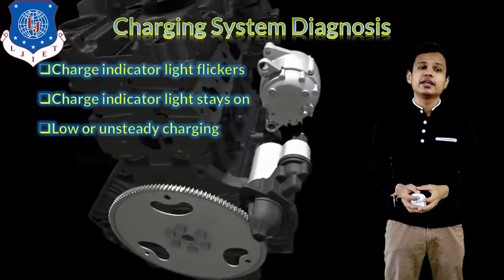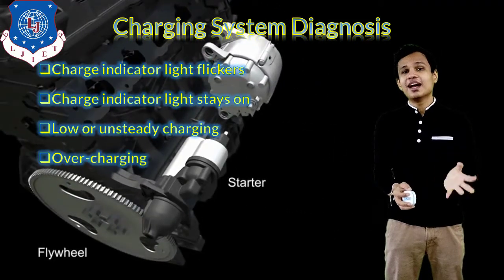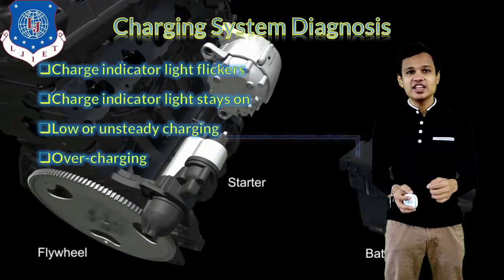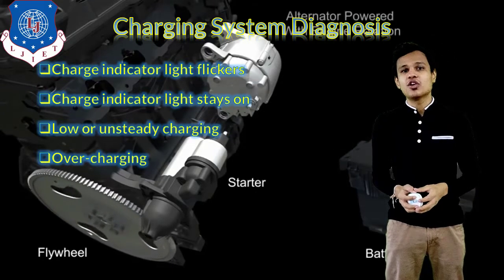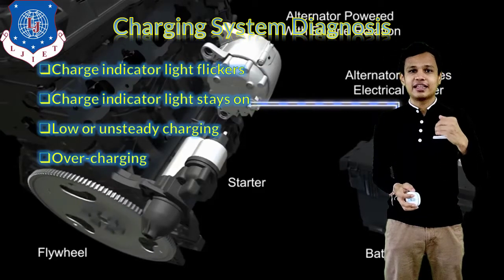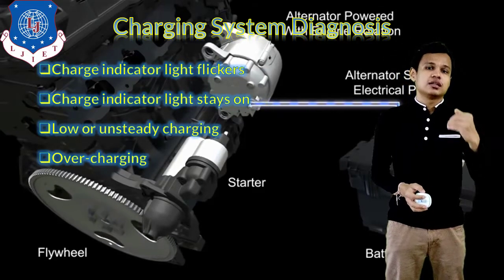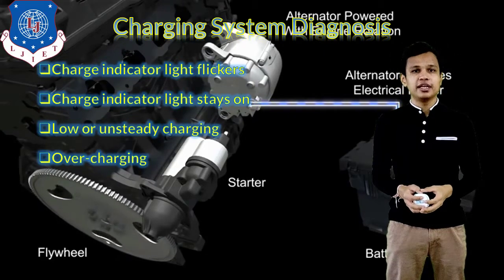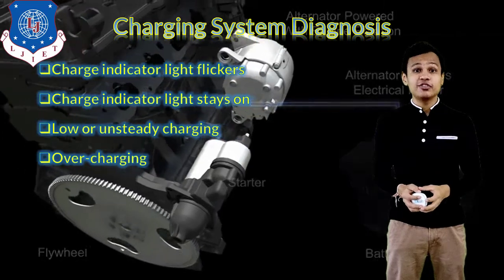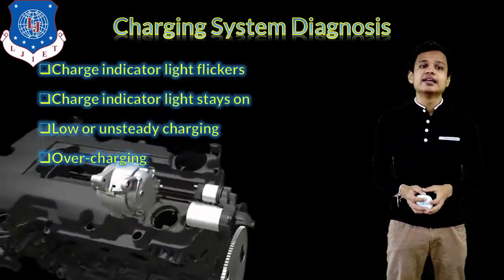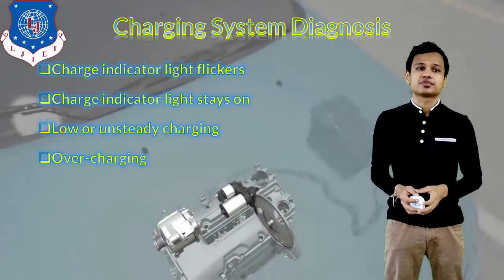This can be faulty. Also, if the vehicle battery is getting overcharged, then the overcharging will damage the cells of our battery and have a long-term effect on the battery, so overcharging should not happen, and that can only happen if there is a problem in the regulator that is connected in the charging system.